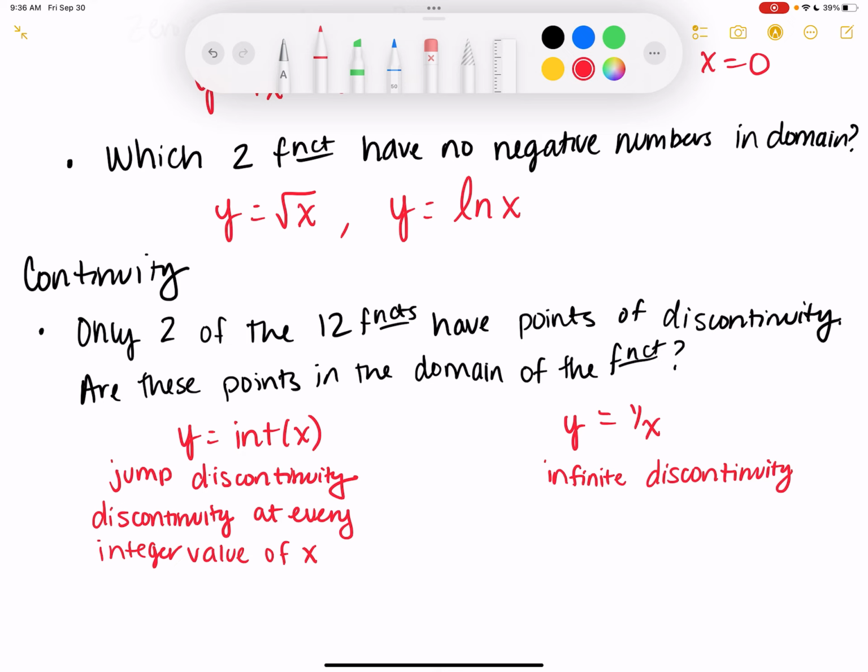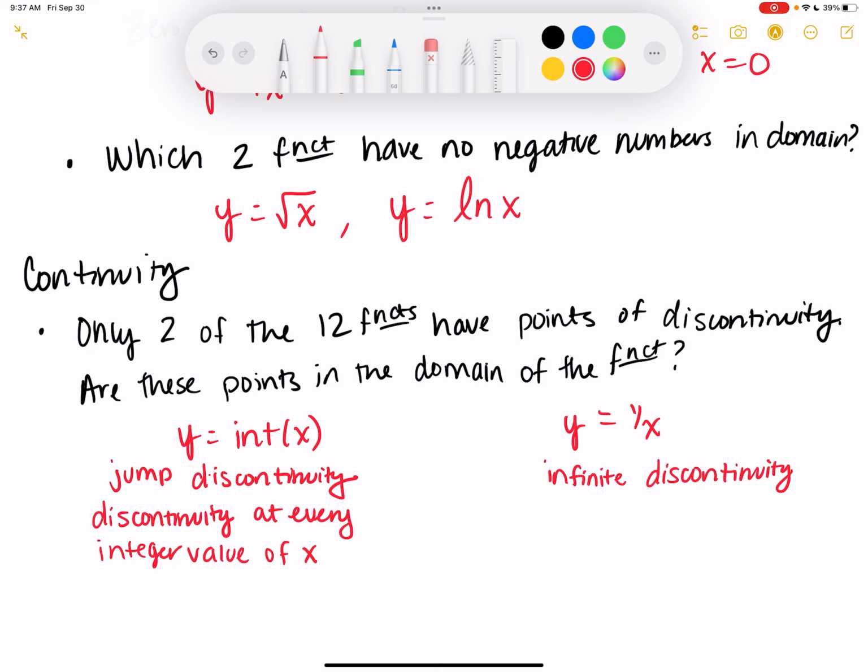But the only place that it's not continuous is at 0, which is not in the domain, so this one is continuous at every point in its domain. The only place that this is not continuous is when x equals 0, which is also not in the domain, so it's continuous everywhere in the domain. There's no holes in it.